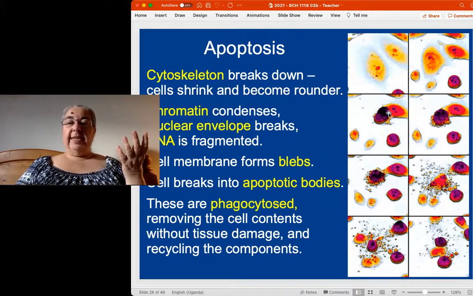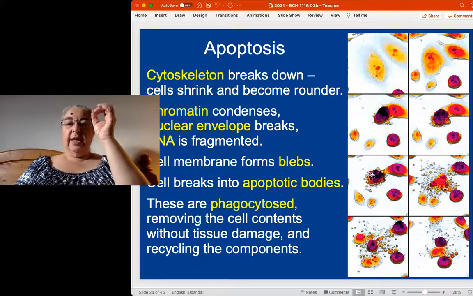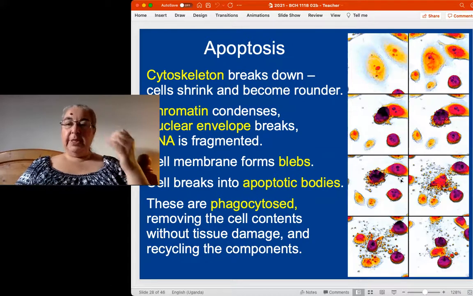So the enzymes which are present in the cytoplasm, which can break up DNA, can work on the DNA and break it up into small pieces. The cell membrane also starts to break up into small bubbles, small pieces, small vesicles. These are called blebs.